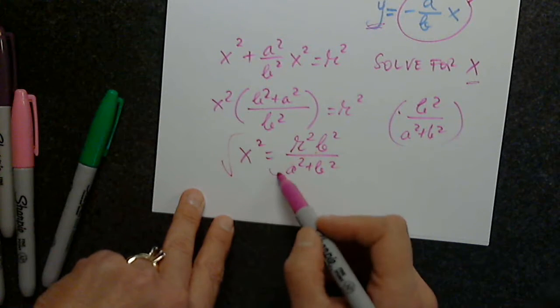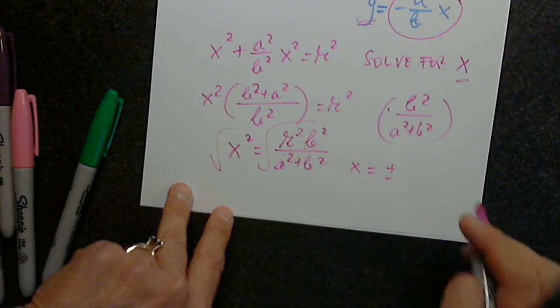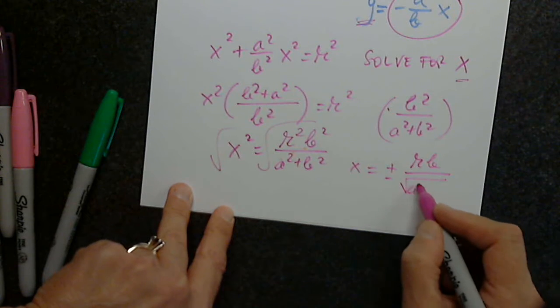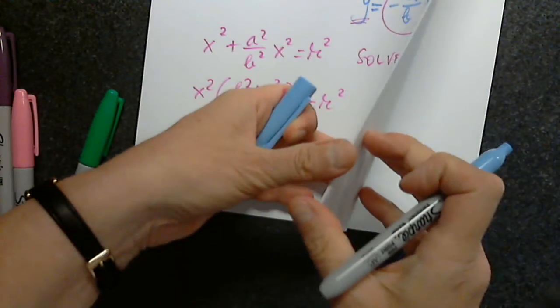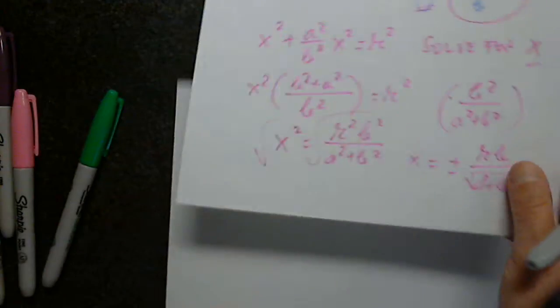And now I have to take the square root, and I get two different values of x: rb over the square root of a squared plus b squared. So how many points of intersection did we find? 2. Very good. Awesome. We found 2 points of intersection.